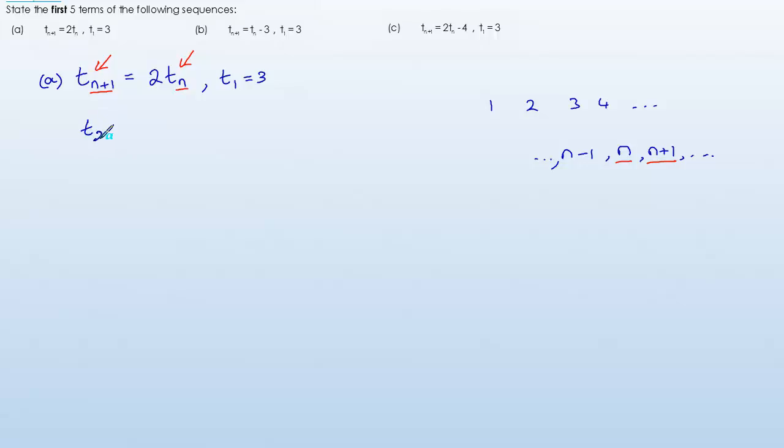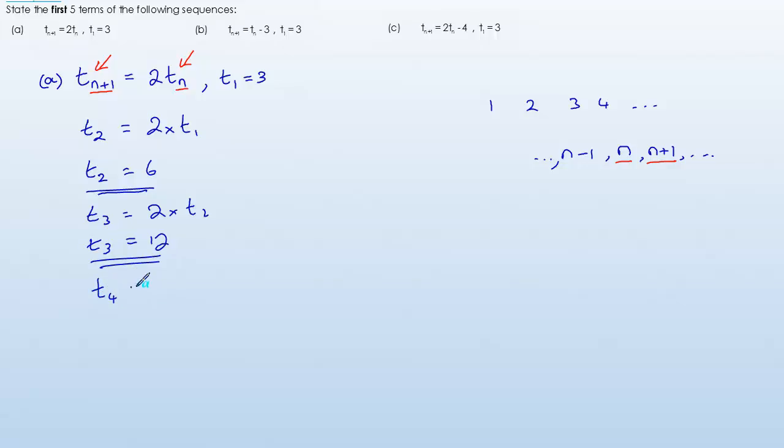So to get to T2, we have to do twice T1, and T1 is 3. So T2 is equal to 6. To get to T3, we're going to have to do 2 lots of T2. So that's going to be 12.